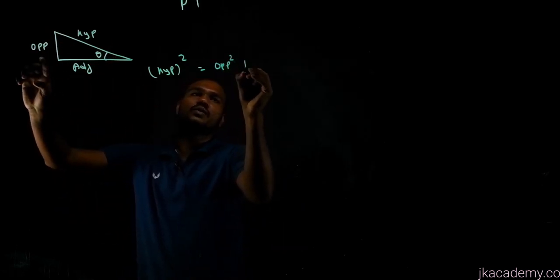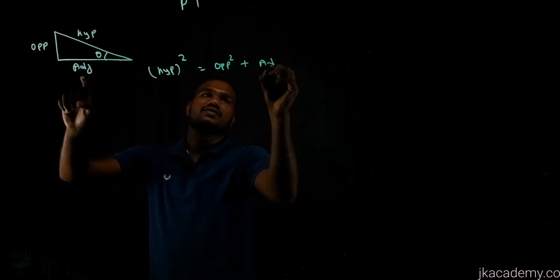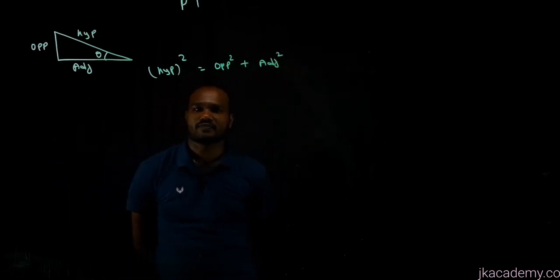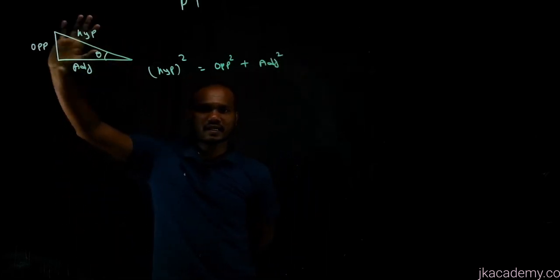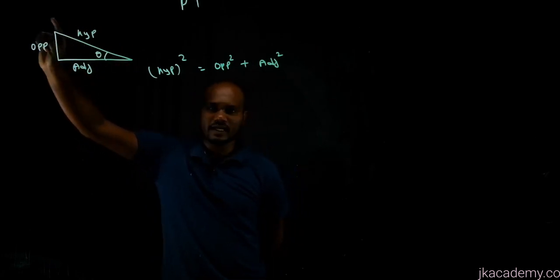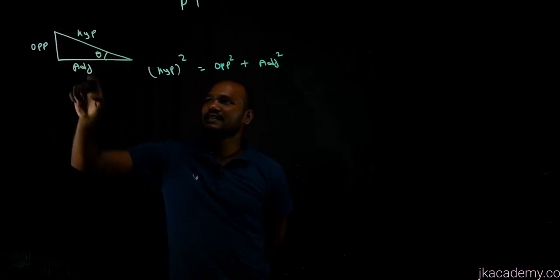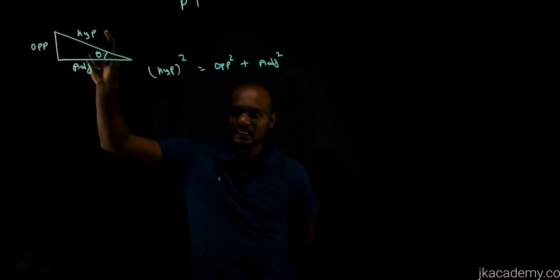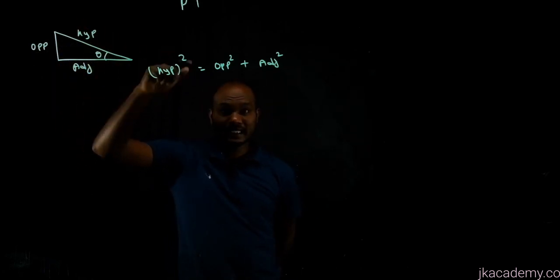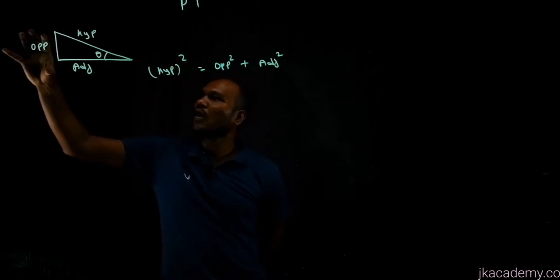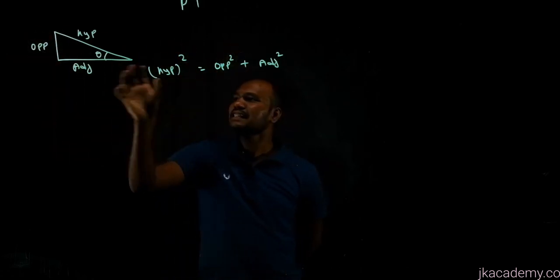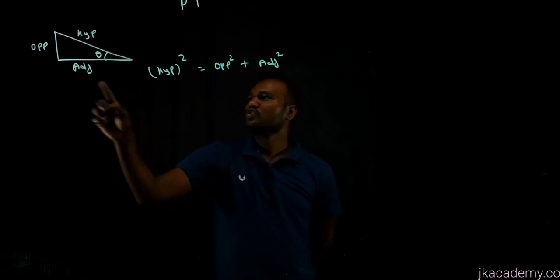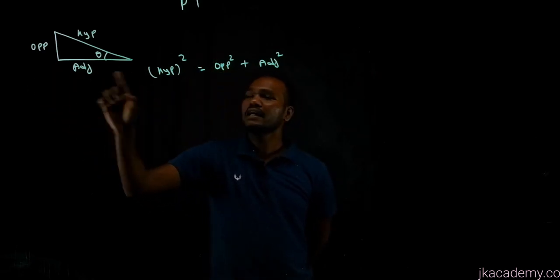It is opposite square plus adjacent square. That's it. If there is a right angle triangle, and I have opposite, adjacent and hypotenuse, the bigger square is equal to smaller square plus smaller square.